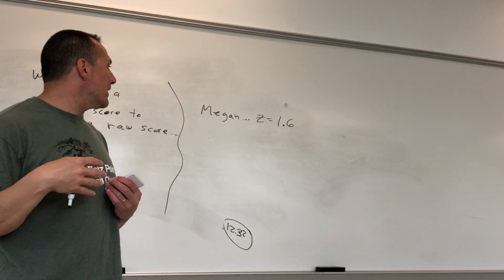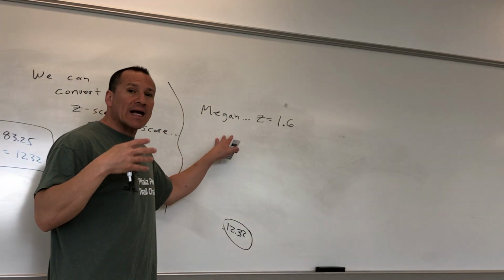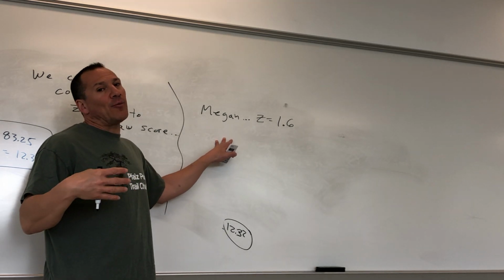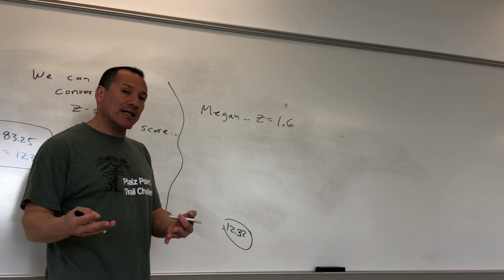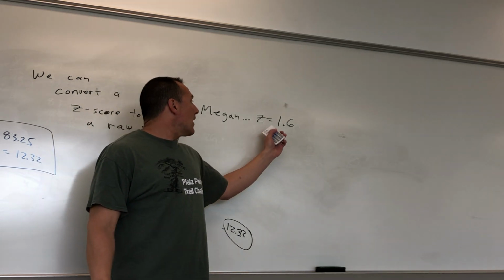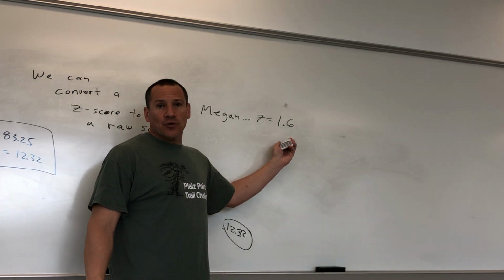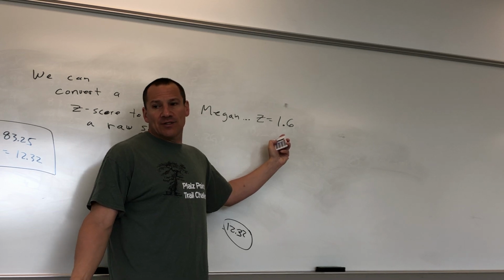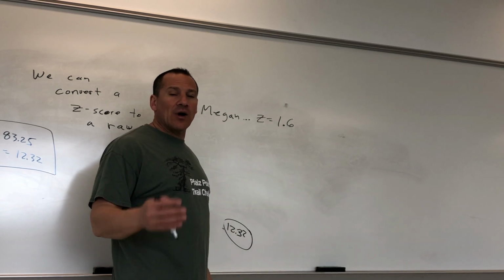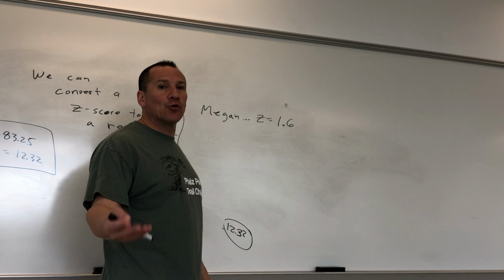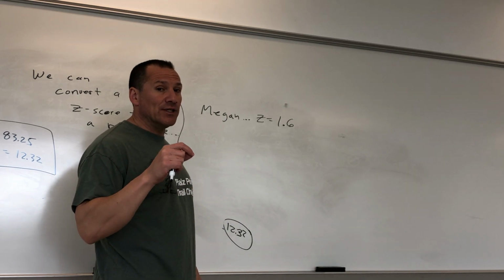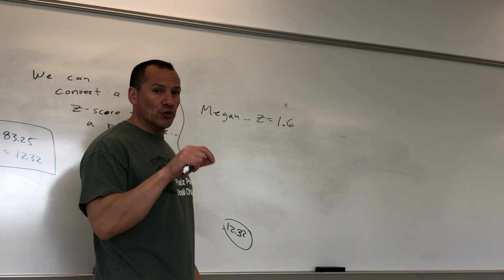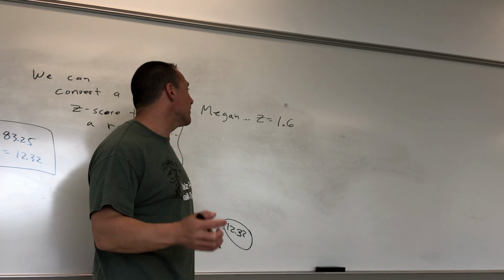If I were gonna call my mom in Florida and explain how Megan's doing academically, would I want to do that in terms of z-scores? No, because my mom would say, I don't know what you're talking about, right? So I would need to convert that to a raw score. And you'll see throughout the rest of the course, there's a lot of times when you need to convert a z-score to a raw score for all kinds of reasons.